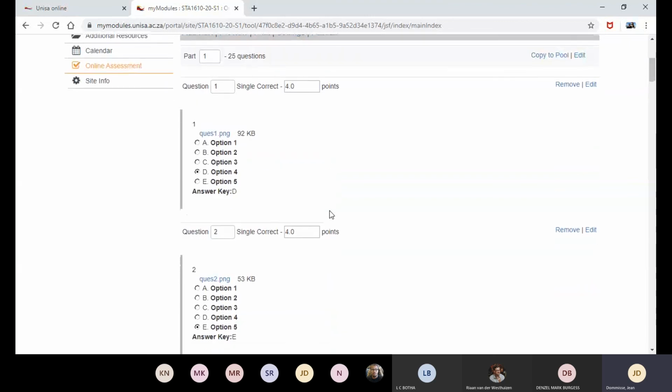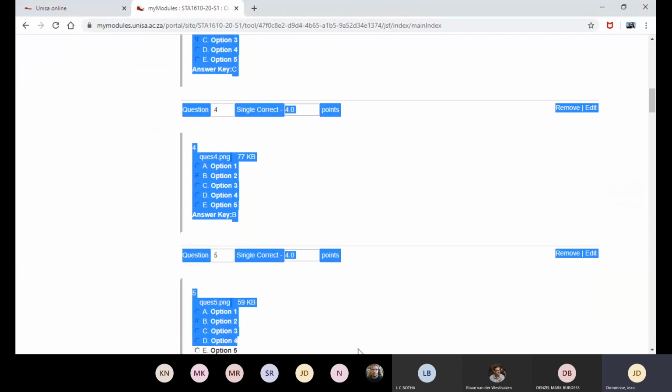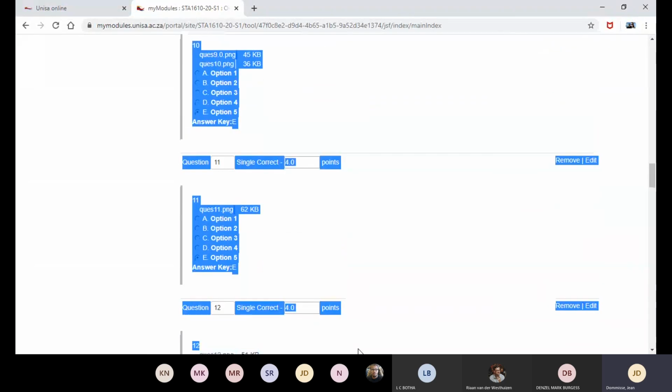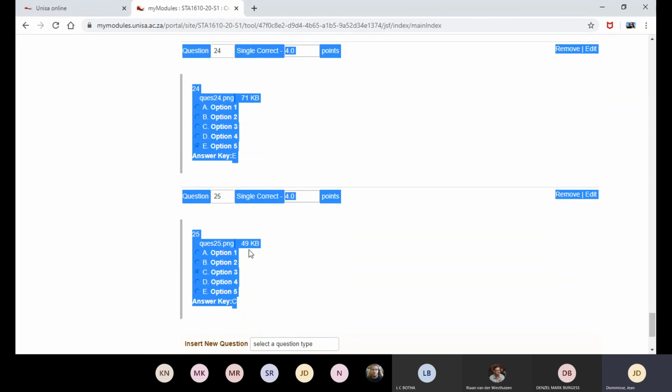I'll do a few. Let's see if I can copy this into a Word document or something, then I'll share it with you as well.